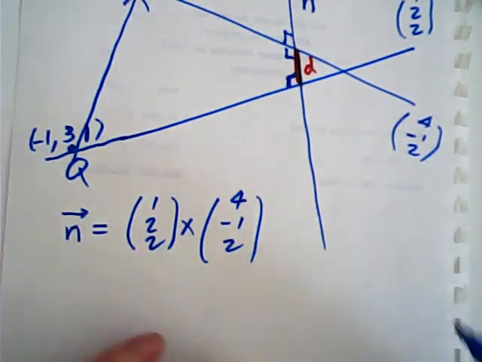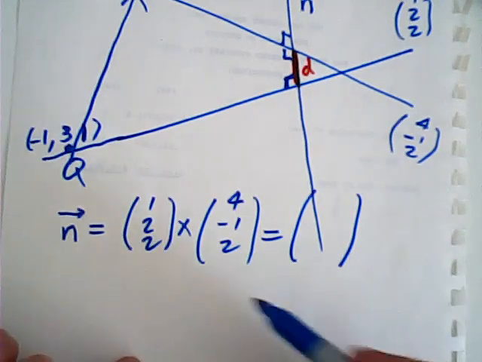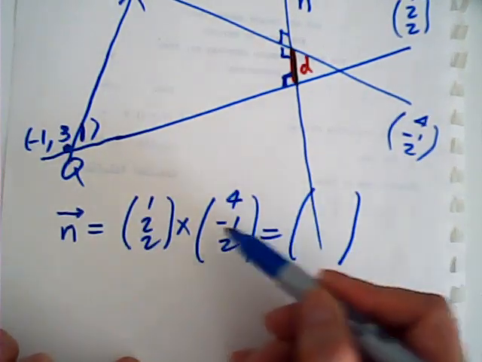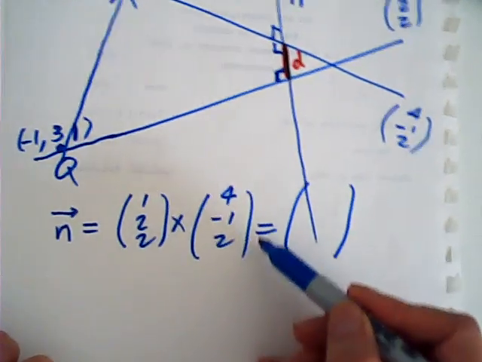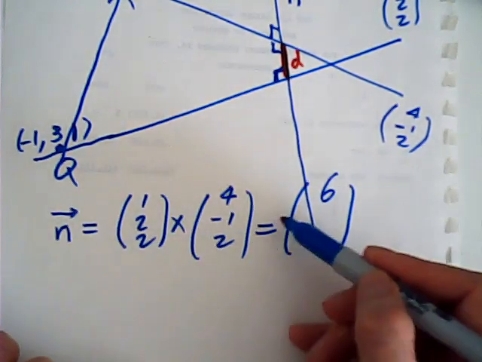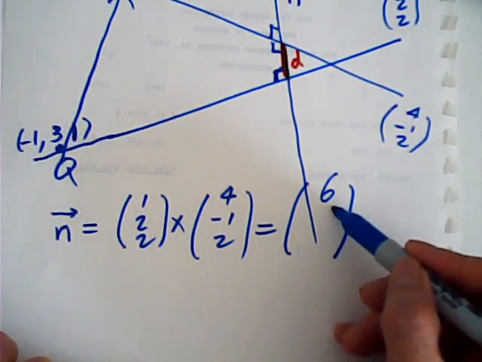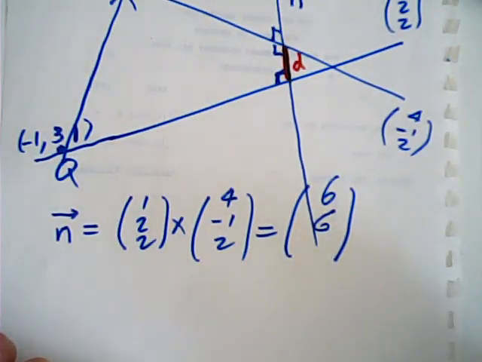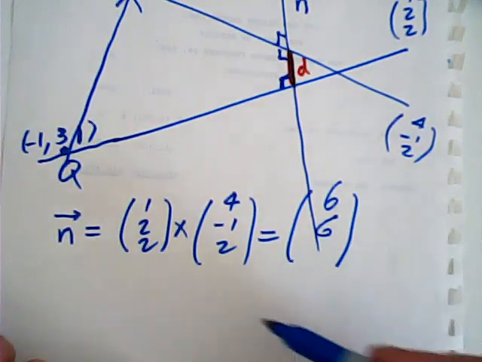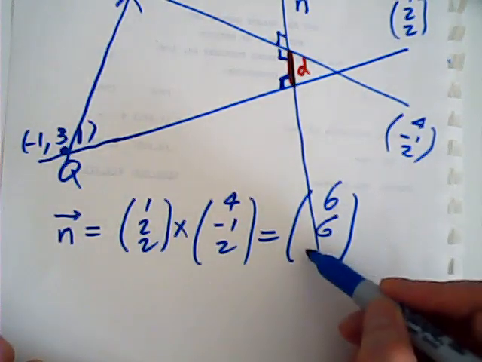So this vector is equal to, delete this one, minus 4 minus 1 is 6. Delete that one. This one minus 1 is 6. Delete that one. And then it's minus 9.